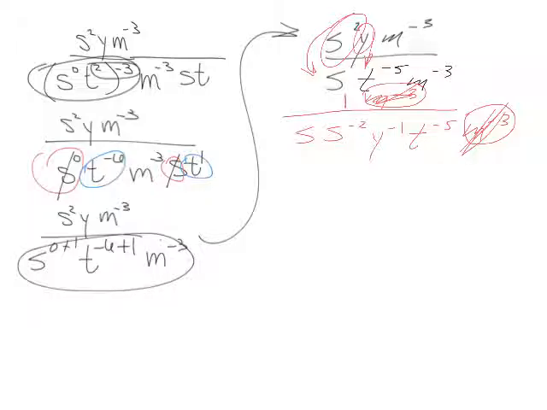So let's see, what do I have? I'm not quite done yet because I still have two s's. I have an s to the first and an s to the negative 2, and I'm going to combine those by going 1 minus 2. And then I have y to the negative 1, t to the negative 5. So 1 minus 2 is negative 1. So I'm just going to put that negative 1 there, and my answer is right there.